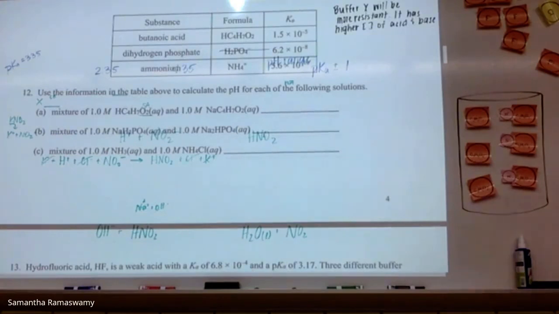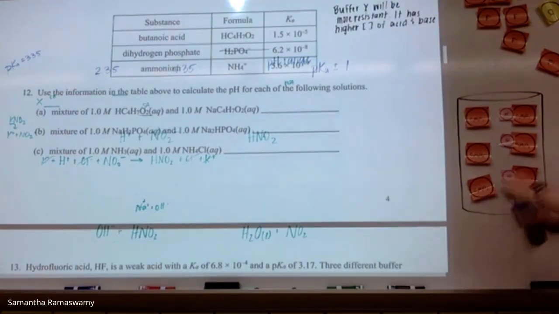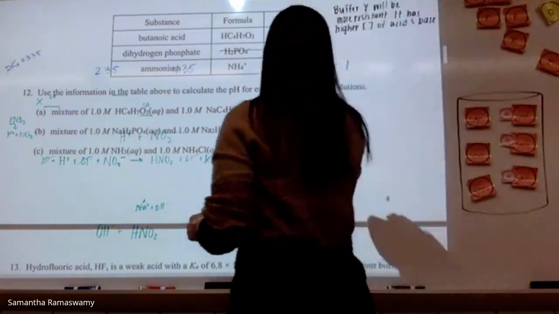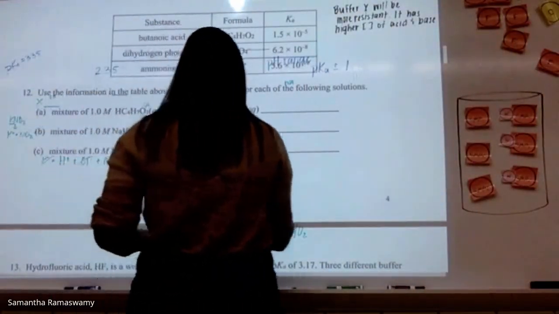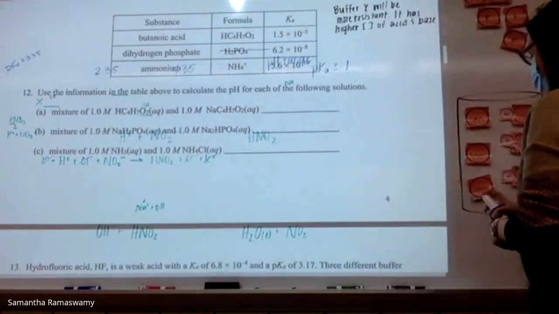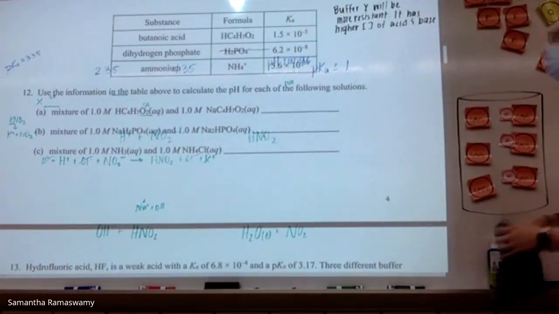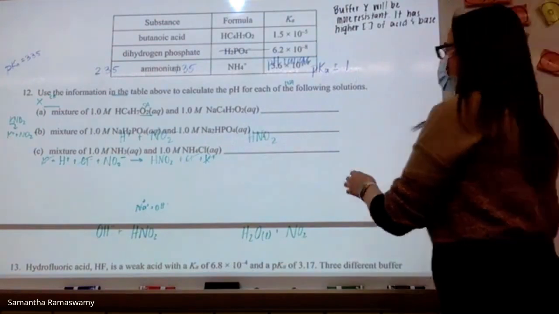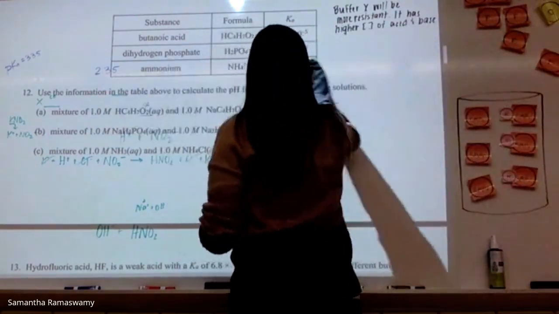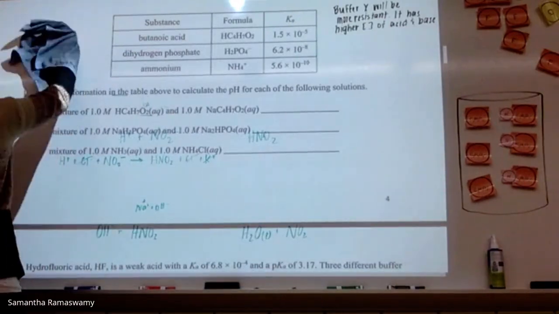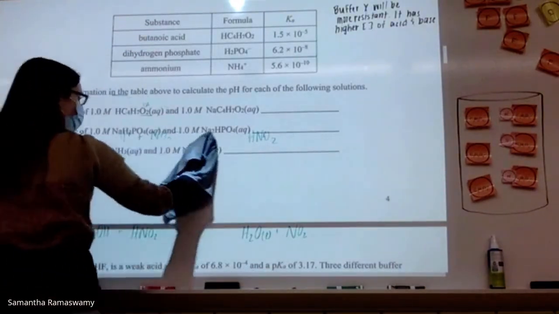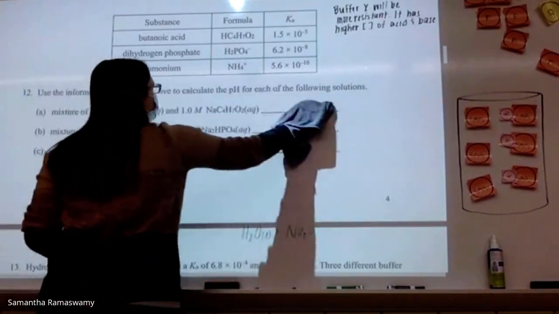Number 12 says use the information in the table above to calculate the pH for each of the following solutions. So you're calculating the pH of all of these buffers. Use the buffer equation, more practice with the buffer equation. I'm going to have you do these 3 questions.